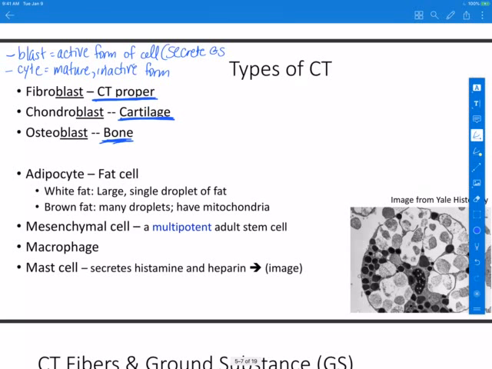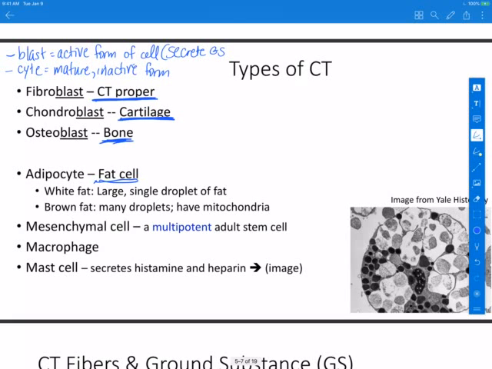Okay. Now, an adipocyte is a mature, inactive fat cell. And we have basically two types of fat cells. We have white fat and brown fat. The white fat cells, or adipocytes, are abundant in the adult.